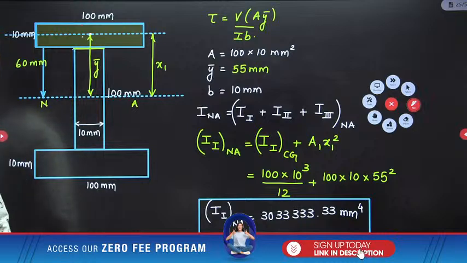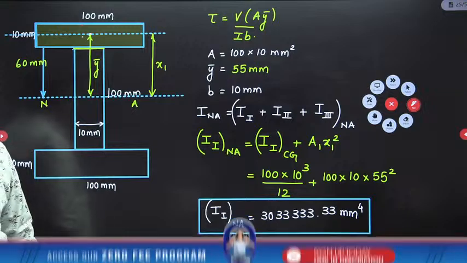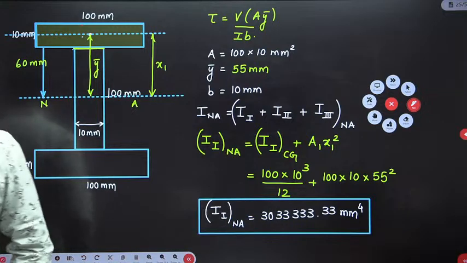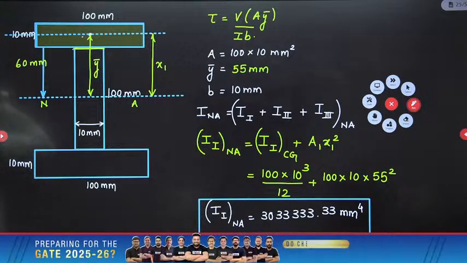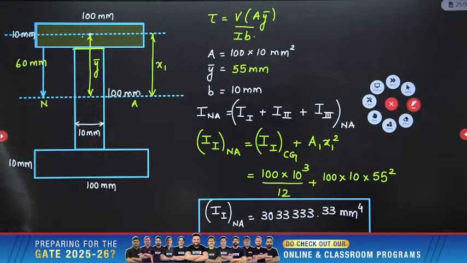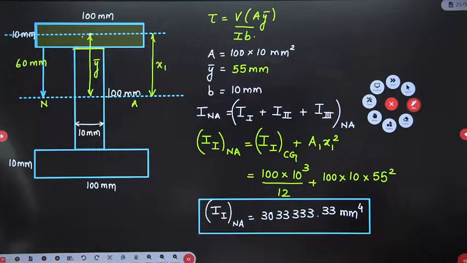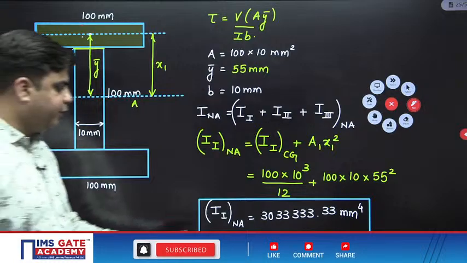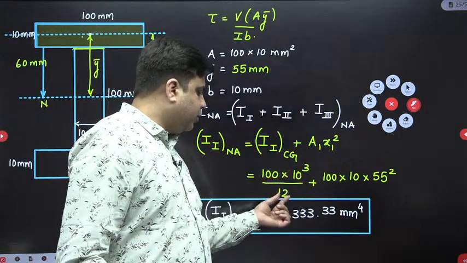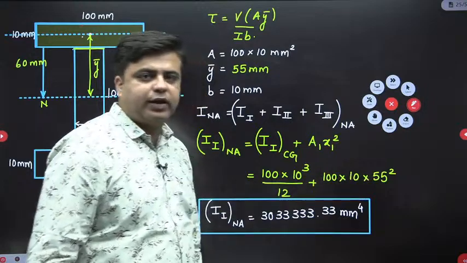Are you getting the same answer? 100 into 10 cube upon 12 plus 100 into 10 into 55 square.